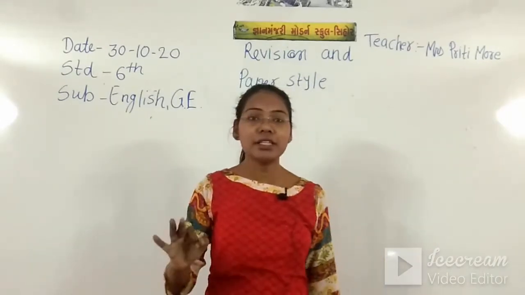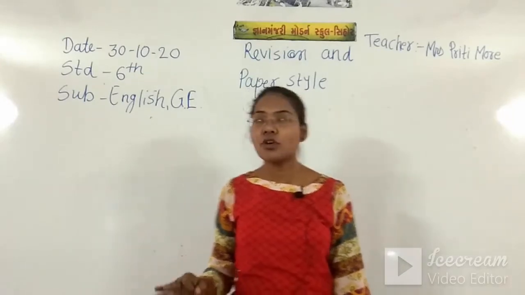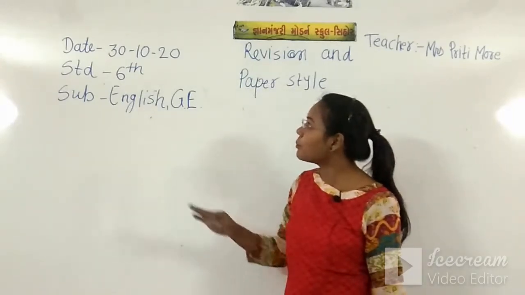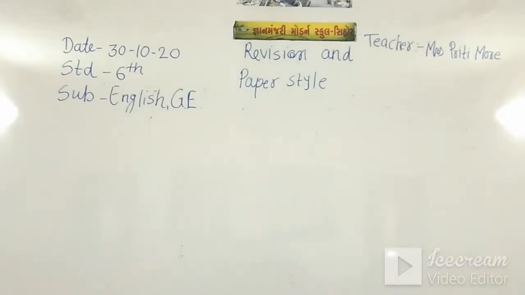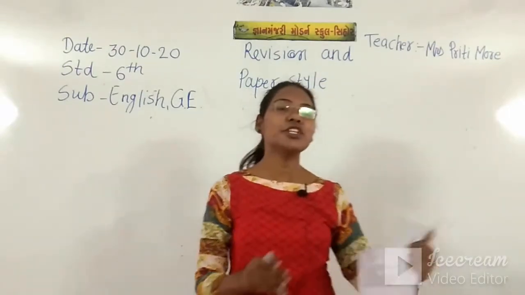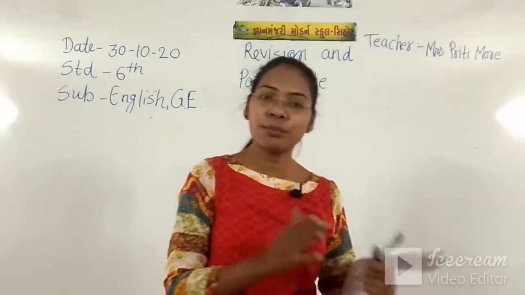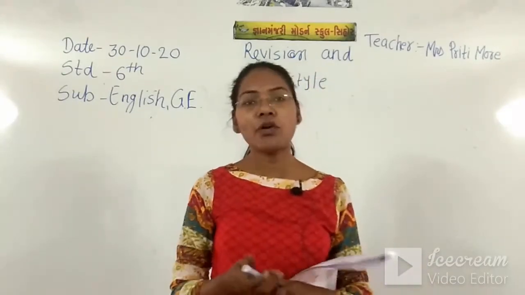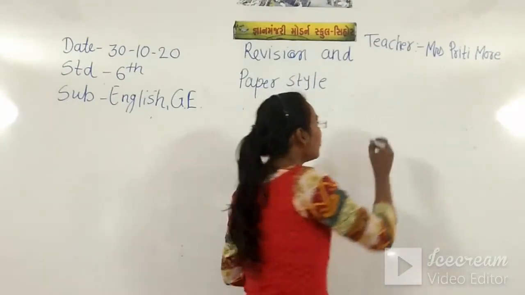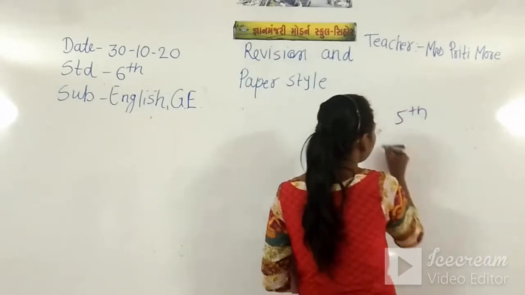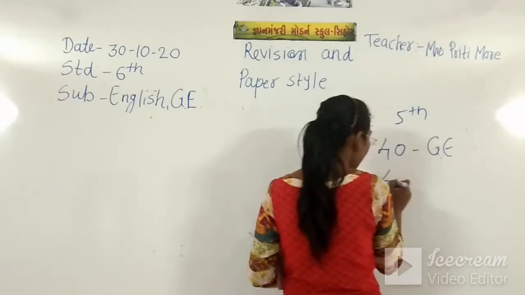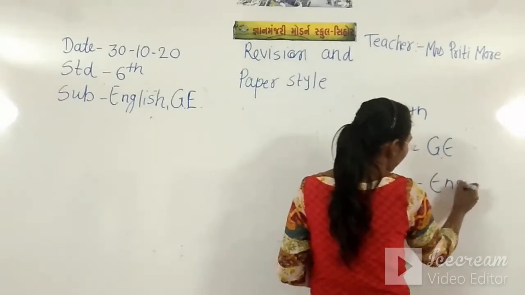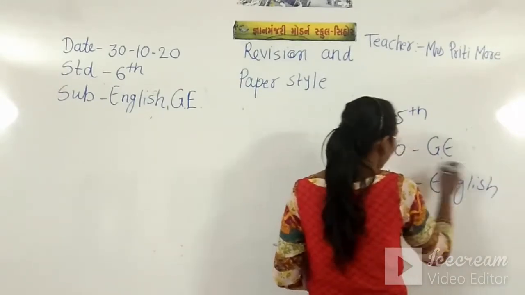October your paper is there of English GE. First, in the 5th standard you have seen you have the separate paper of English and the separate paper of GE. So what was in the 5th standard? In the 5th standard 40 marks for GE paper and 40 marks for English paper, right?